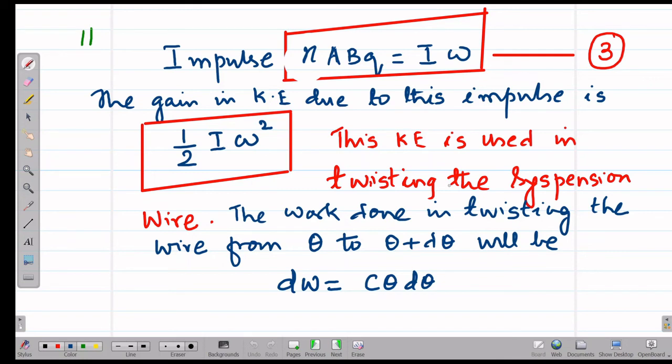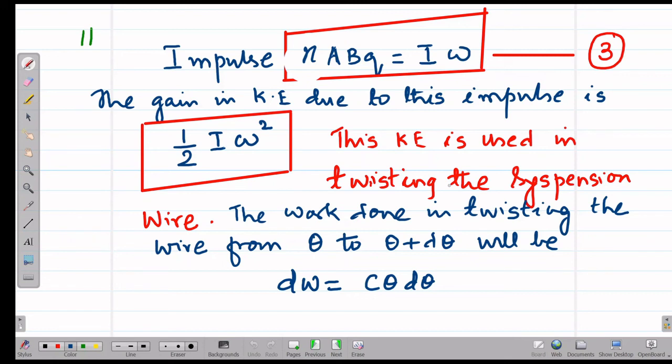So this kinetic energy is completely used in doing work against this restoring torque. This is the work energy theorem. Again, PUC stuff. The change in kinetic energy is equal to the work done. So as this coil turns, the change in kinetic energy, which is half I omega squared, this complete kinetic energy is used to do work in twisting the coil.